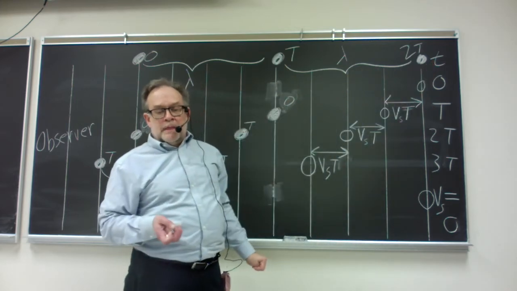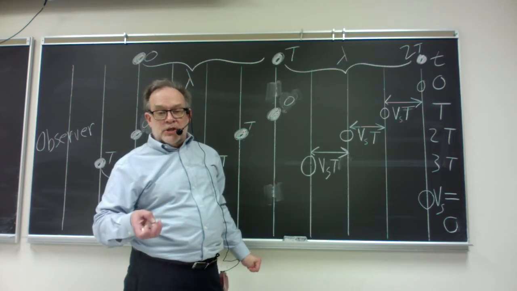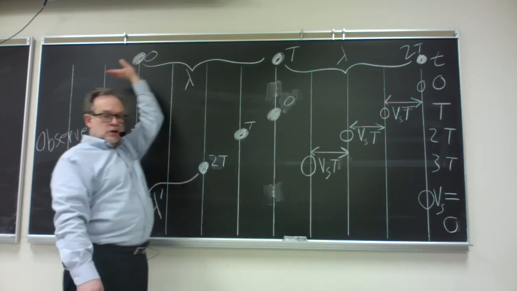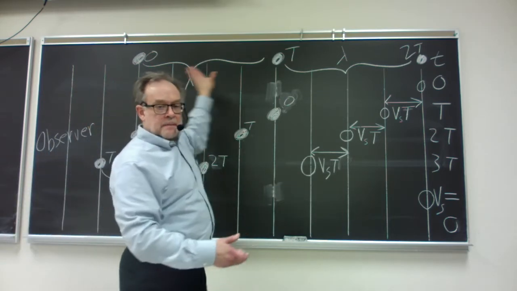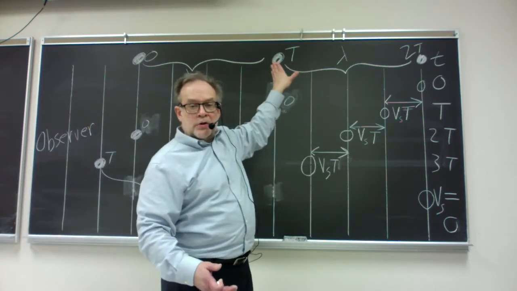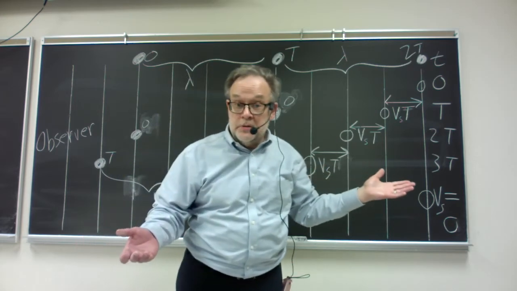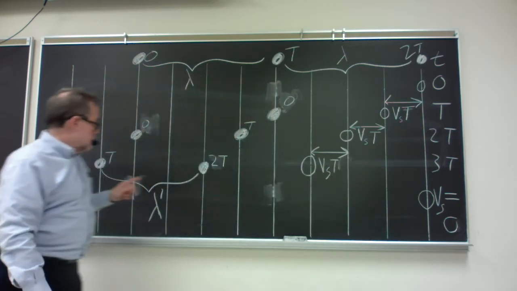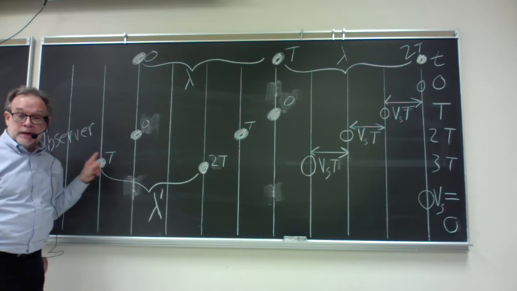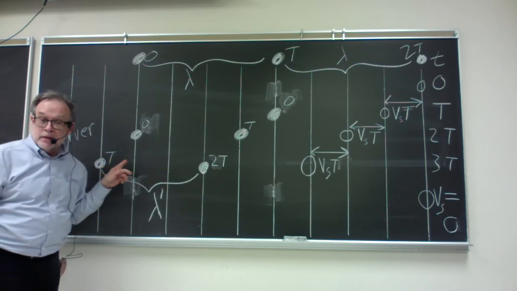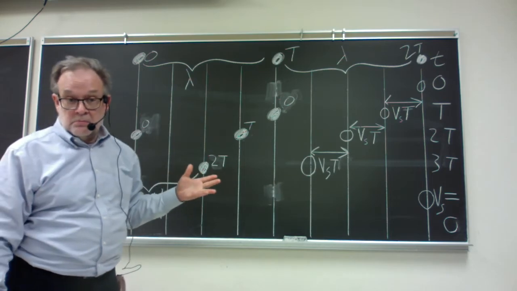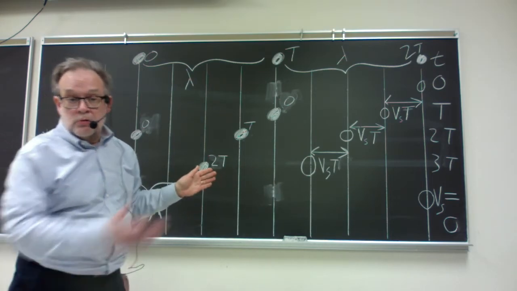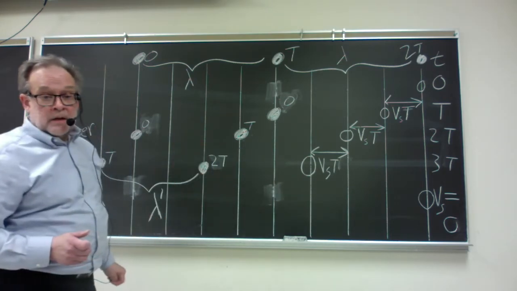So in other words, if the source had been stationary, an observer over here would perceive the pulses as farther apart than they are here in this case, because the pulses here are closer together because the source was moving towards the observer.